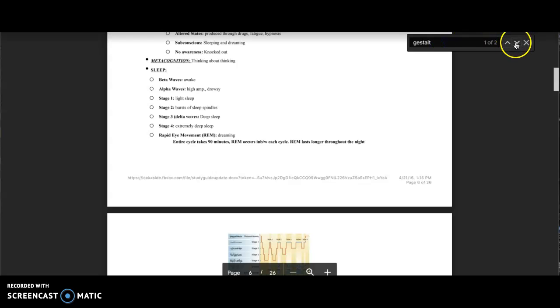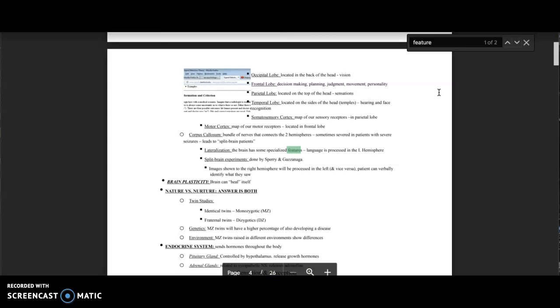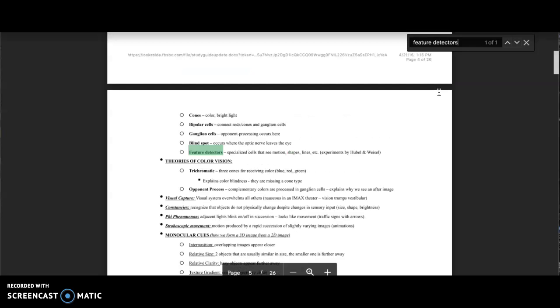Sorry, my Wi-Fi is being a bit slow. Cool. So you get the idea. It would take me straight to the definition. Cells that see motion, shapes, lines. Cool. So just quick plug there. Back to the question. This document is going to be really helpful for you during the exam and during the AP.